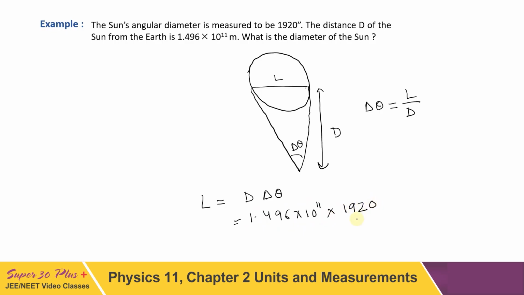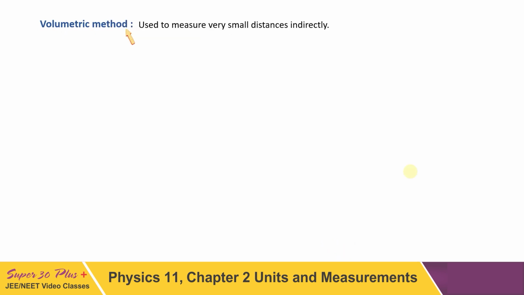Now this is in seconds, so first convert it to degree. 3600 seconds is 1 degree, and then convert it to radian. Conversion is multiply this by pi upon 180. After calculation we will get the value approximately 1.39 into 10 to the power 9 meter. So this is how parallax is used to measure long distances indirectly.